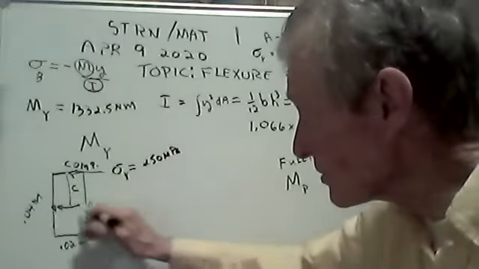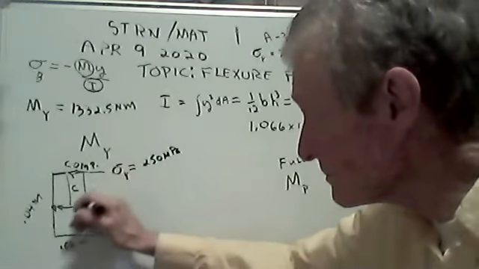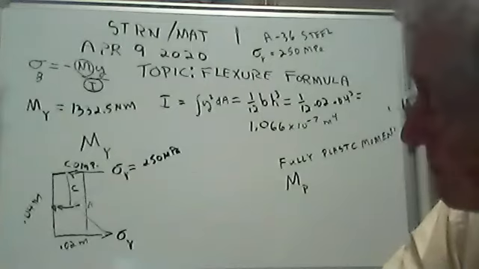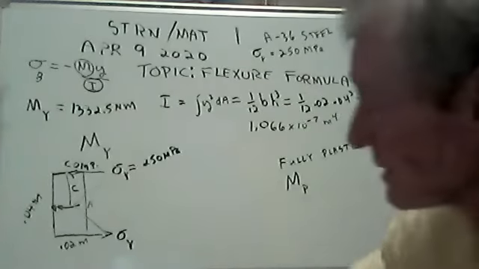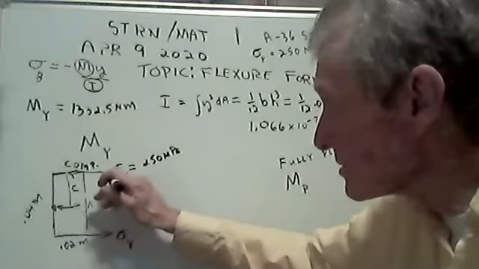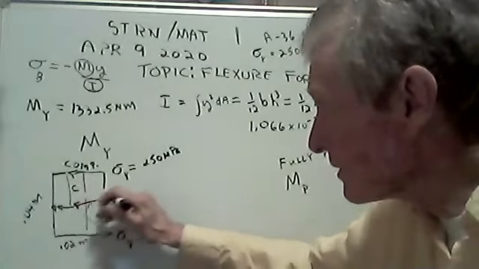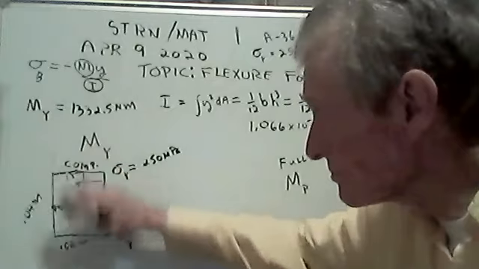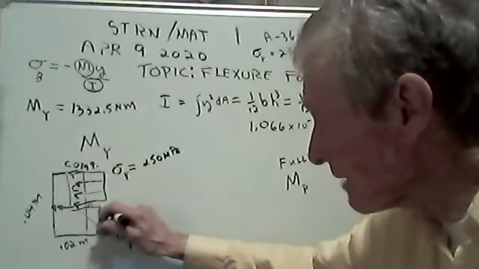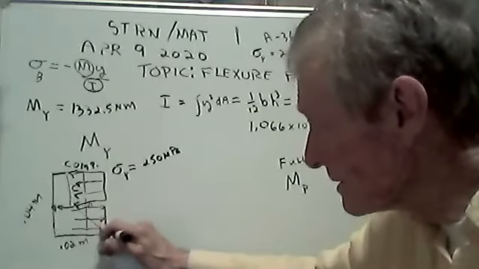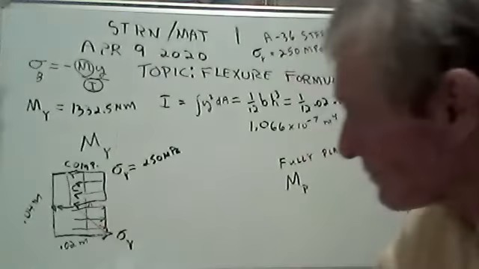And the distribution goes kind of like I had before when you have the maximum elastic moment. But see, we're going to do the fully plastic moment. And what happens there is you're going to have fully plastic compression on the whole top half of this thing, and you're going to have fully plastic tension on the whole bottom half of the thing like that.